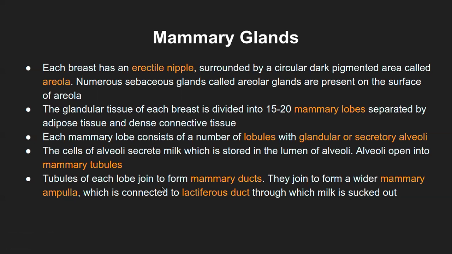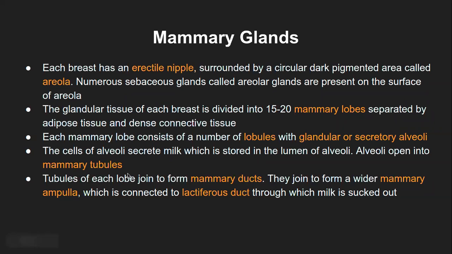Okay, let me finish and then I'll go back to the diagram to explain these things again. So just again briefly, each breast will have mammary lobes. Each lobe will have lobules, and these lobules will have several alveolar cells which secrete milk and also store it in the lumen. The alveoli open into the tubules, and the tubules of each lobe join to form the mammary ducts.